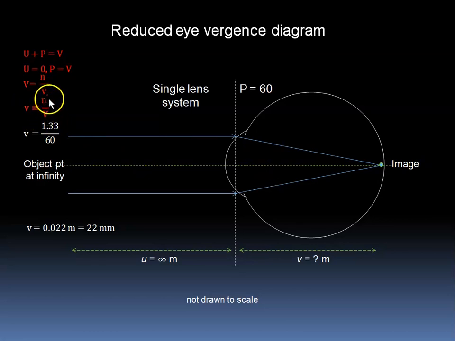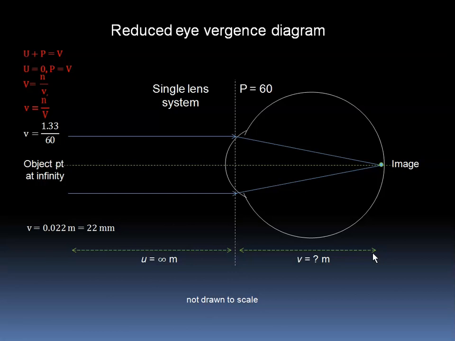Small v equals n prime over large V, which equals 1.33 over 60, which is 0.022 meter or 22 millimeters. In other words, the distance between the front of the eye in this simplified diagram and the image on the retina is around 22 millimeters.